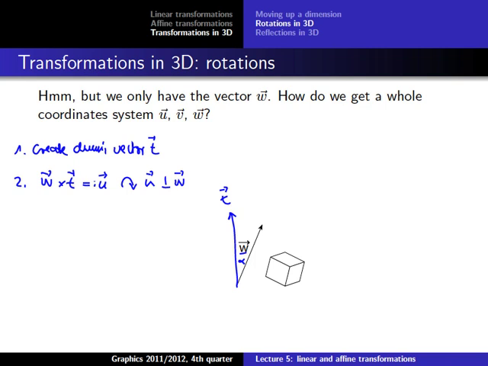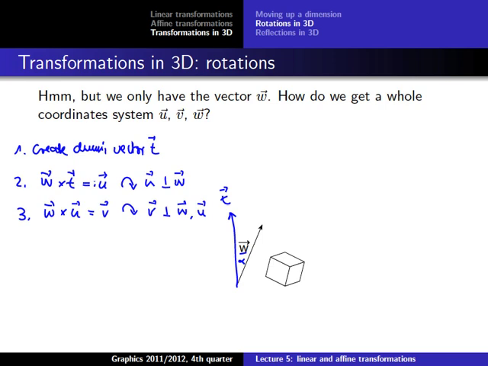So we have two vectors that are orthogonal to each other, and we need three, so we just multiply this result here again with the vector w, and then we have our vector v, which is not only orthogonal to u, but also to w, and also the other way around.